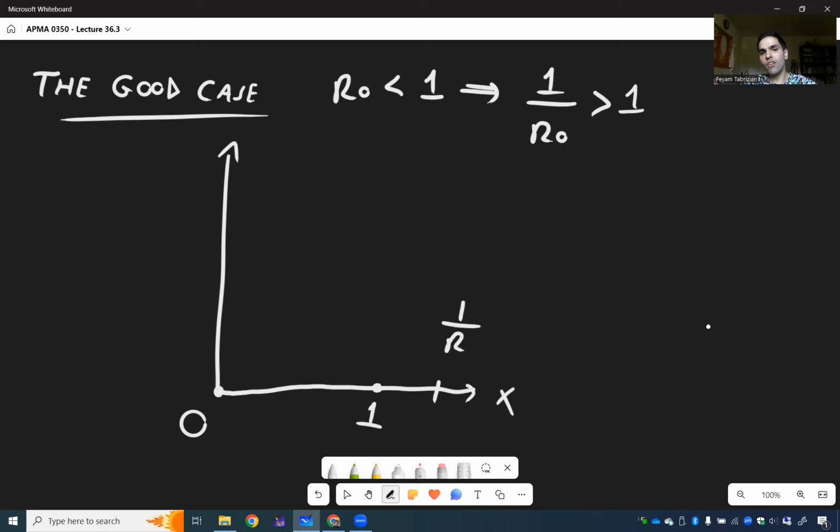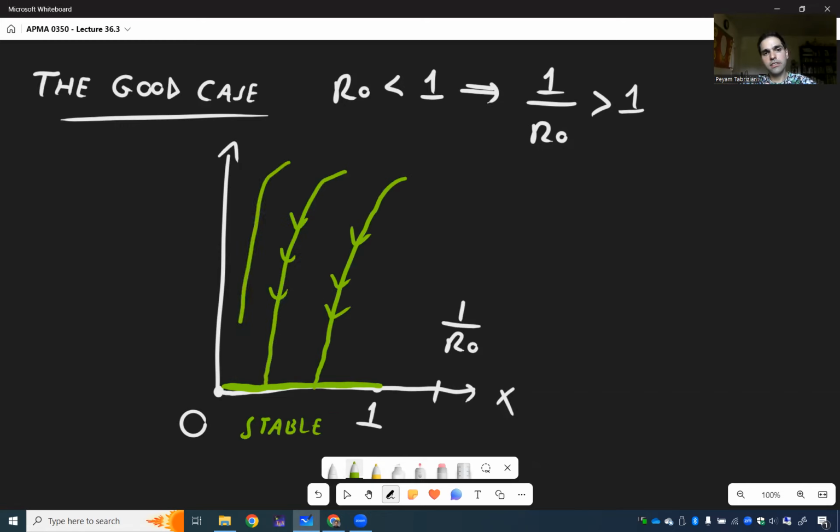And maybe here we have 1 over r naught, and really, everything to the left of 1 over r naught is stable. And you can actually show, and this is in the notes, that solutions behave like this. You might start somewhere, but eventually you go towards this axis, like this, and even on this axis, that's what happens.